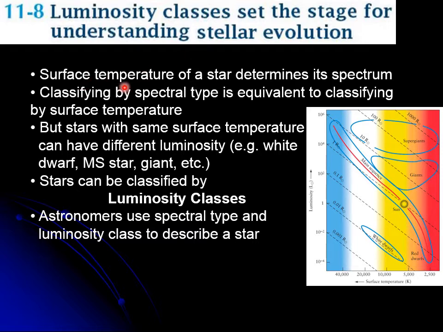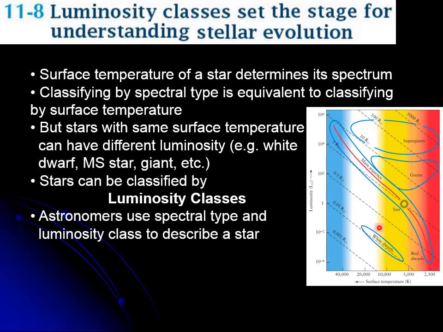We saw that the surface temperature is connected to the spectrum. We saw that classifying by spectral type is equivalent to classifying by the temperature. And this is the surface temperature, which is the temperature of the atmosphere. But stars of the same temperature can have different luminosities.